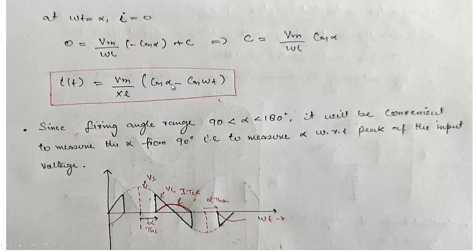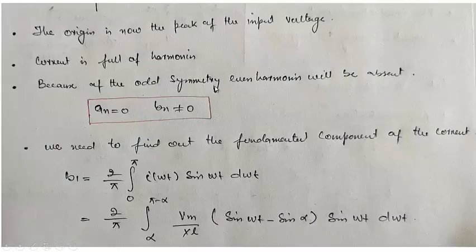So replacing alpha by alpha dash plus 90 degrees and omega t by omega t dash plus 90 degrees, you will see that cos of alpha dash plus 90 degrees will be equal to minus sine alpha. Similarly, cos of omega t dash plus 90 degrees will be equal to plus sine of omega t dash. So that is what I have written over here.